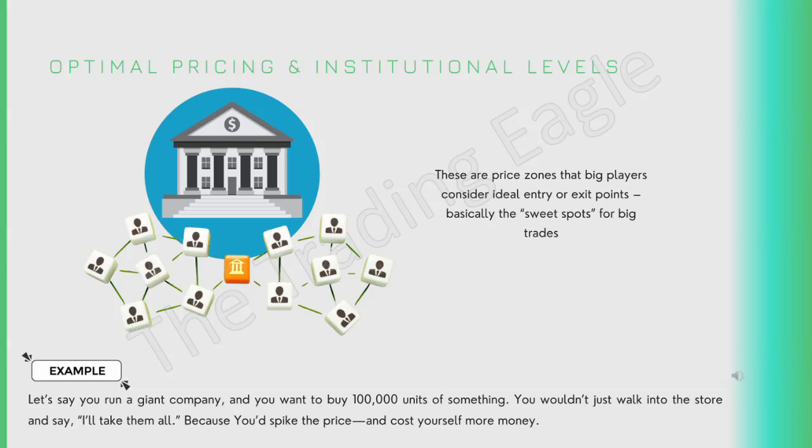So the big players also face this issue: when they buy in bulk, or sell in bulk, it will spike the price of the market, which is why they use algorithms to engineer their entries.